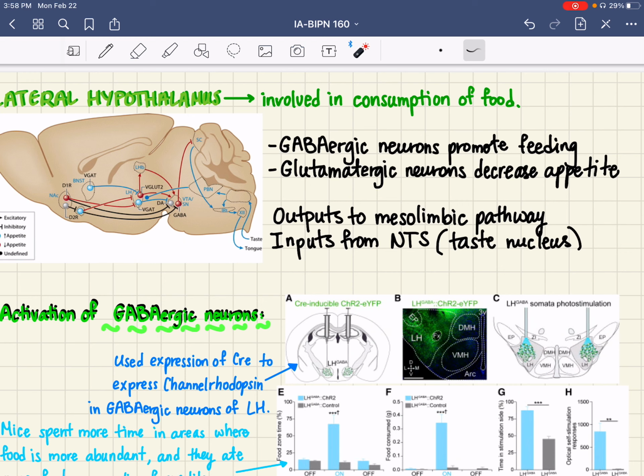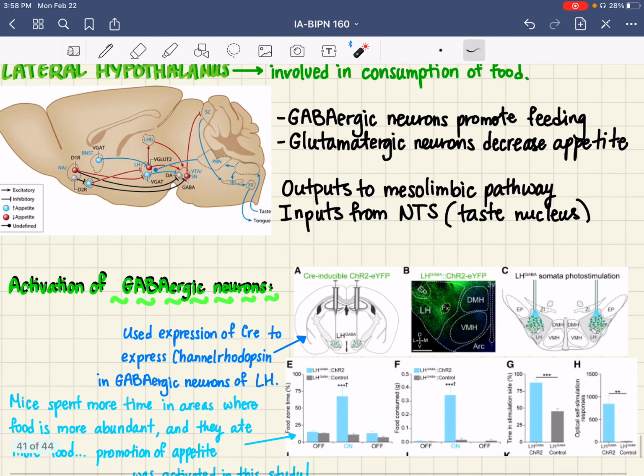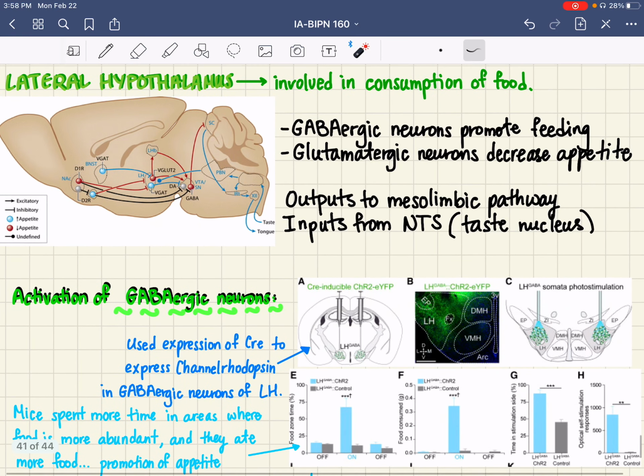And that is the output to mesolimbic pathway and the input from the taste nucleus, and short is NTS. Okay, the fact that this lateral hypothalamus inputs to the NTS, this tells us that this part of the hypothalamus is involved in some kind of palatability, meaning do we like what we are tasting or do we not?